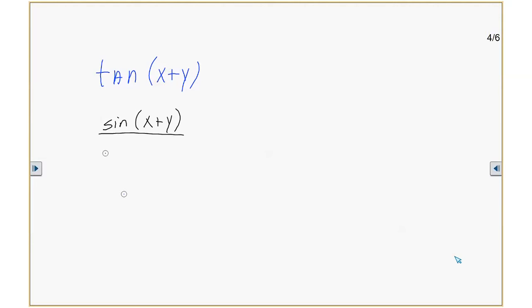Sine of x plus y over the cosine of x plus y. Now I want you to rewrite this in terms of the two identities we just went over. But you should have just written those down.